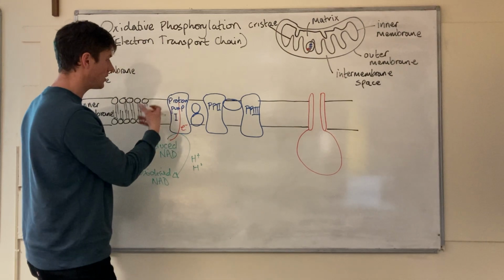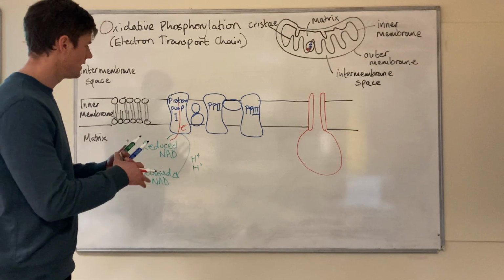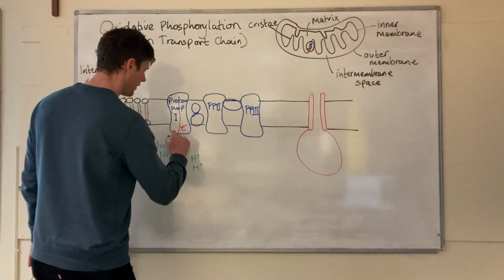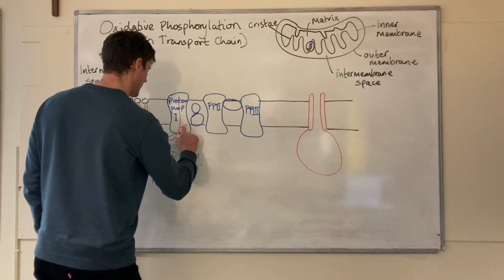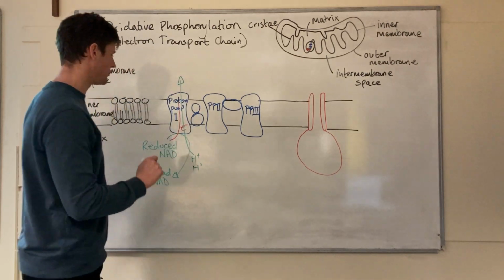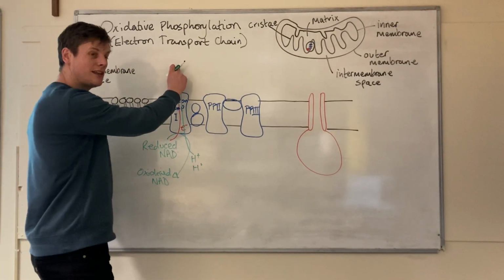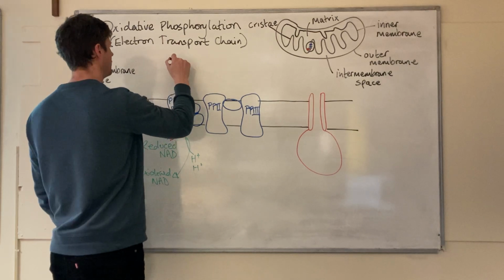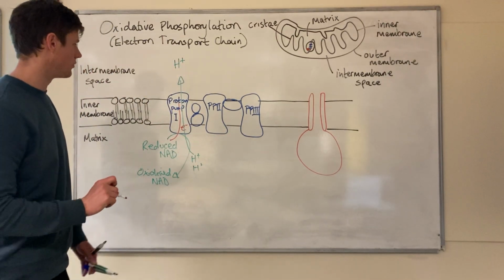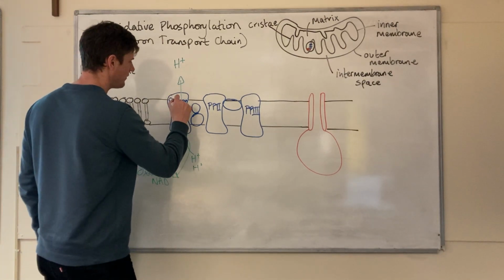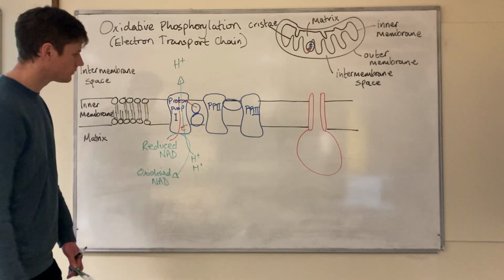We say the proton pump is oxidized when it accepts the electrons, and that provides the energy that allows for a proton to be actively transported from the matrix and into the intermembrane space. And in doing so, the electron has lost some of its energy. So some of the energy was used for that active transport.